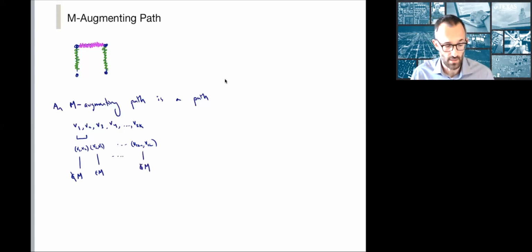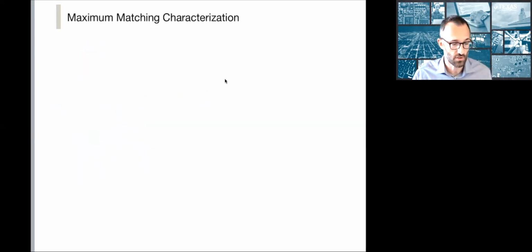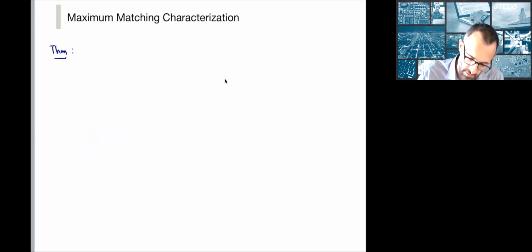What is straightforward to see is that if we can find an augmenting path, then M must not be optimal. What's important is that the converse is also true, and this is a characterization of maximum matching. So I'm going to write this as a theorem because it's an important result.